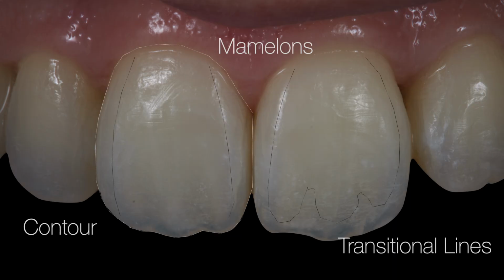Internally, we know that we have three mamelons of dentin. The mesial is the thinnest and the longest one. The middle one is in the middle of the two. And then we have the distal one, which is wider and shorter.